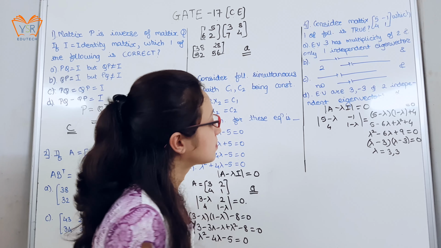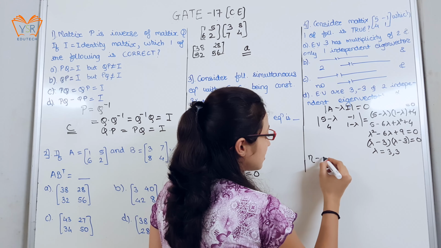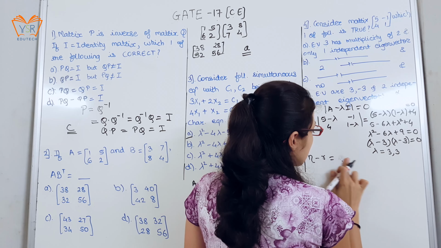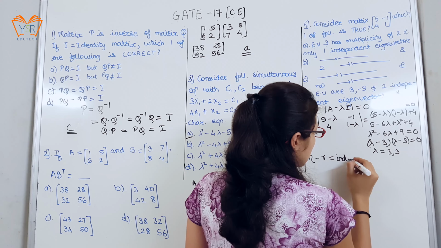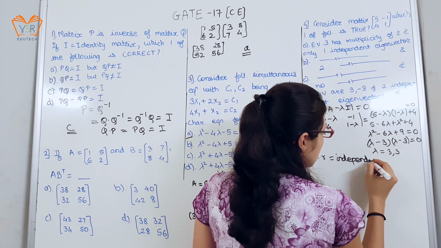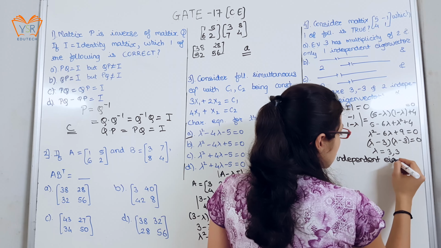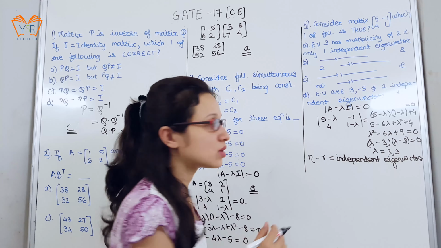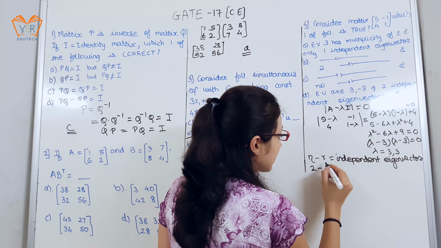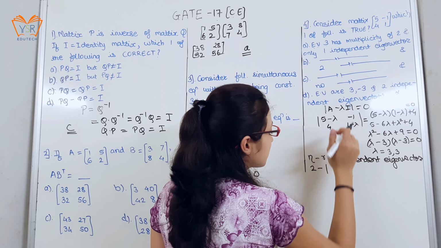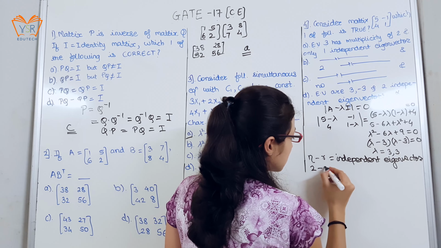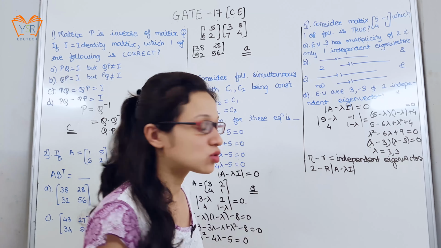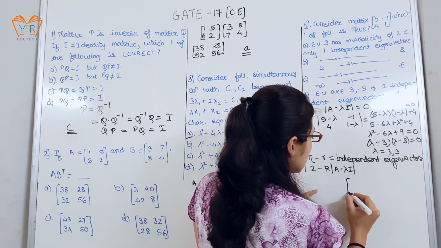Now n minus r gives the number of independent eigenvectors, where n is the number of unknowns, which is 2, and r is the rank of the matrix A minus lambda I.